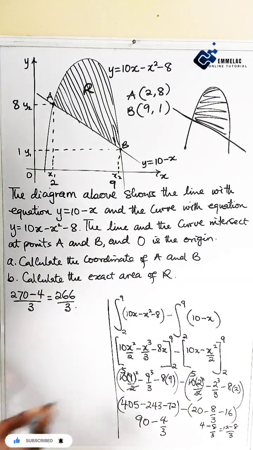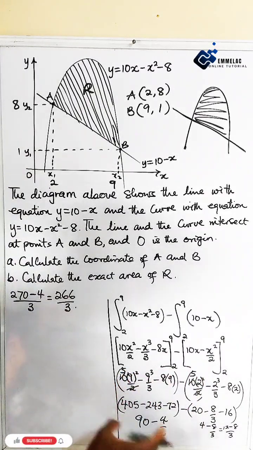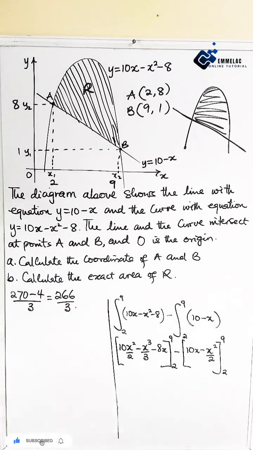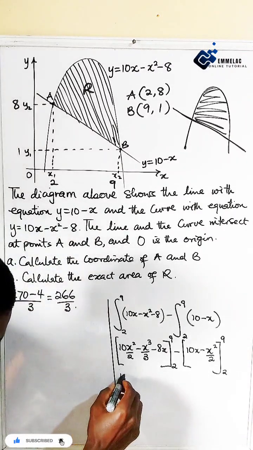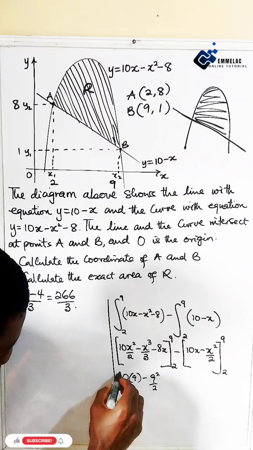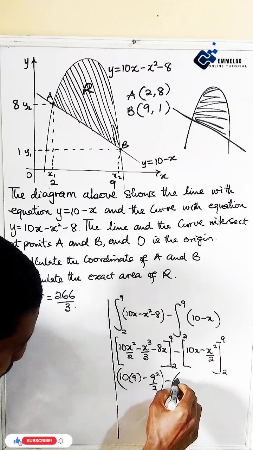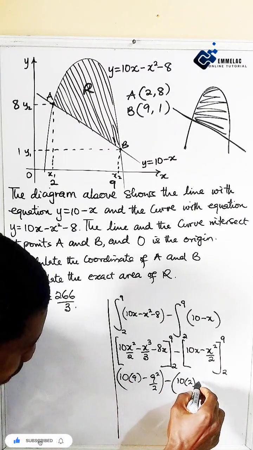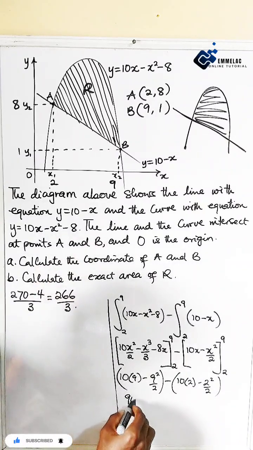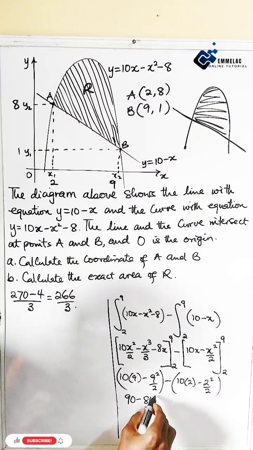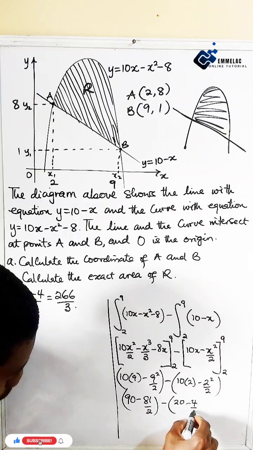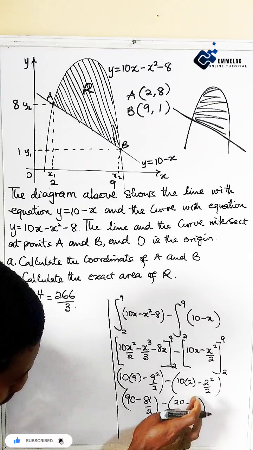I'll probably want to clean this part of the board so that we have more space. So here we have 10 times 9, then minus 9 to the power of 2 all over 2, then minus 10 times 2, then minus 2 raised to the power of 2 all over 2, and this will give us 90 minus 81 all over 2, then minus 20 minus 4 all over 2. The whole of this actually gives us 2.